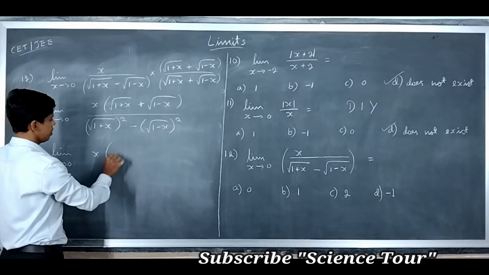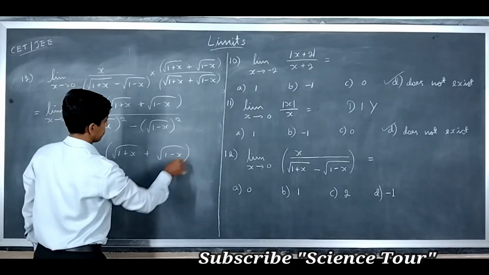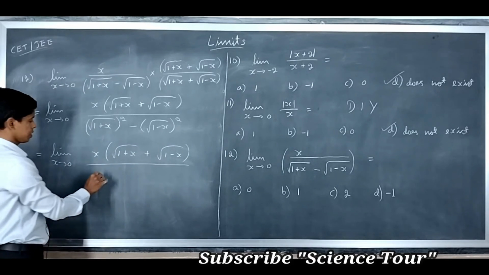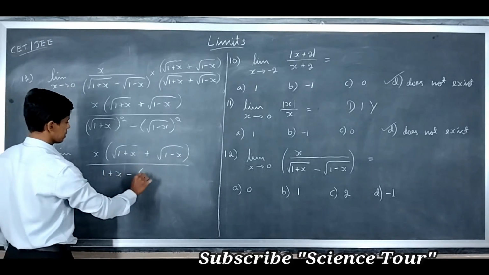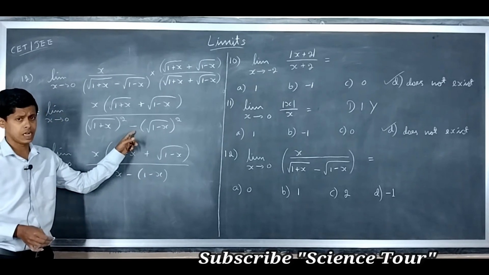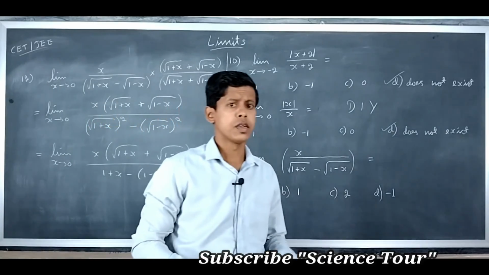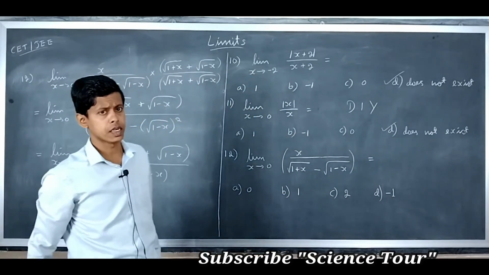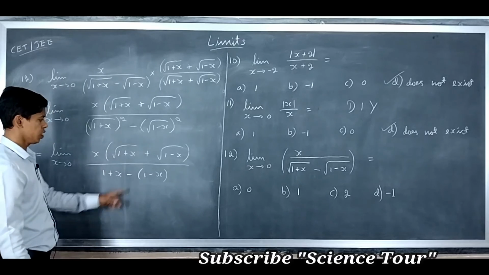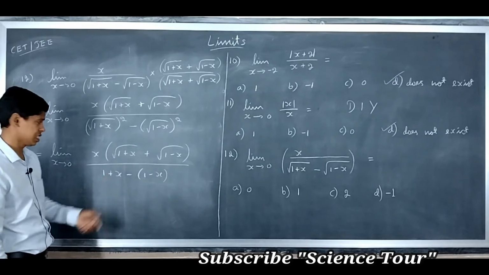No change in the numerator. In the denominator, as I said, we'll get 1 plus x and 1 minus x. Please use the bracket because you have minus sign outside. Whenever you have minus, be careful. Do it carefully. Use appropriate brackets. So that you will multiply that minus again, and this will eventually become plus.